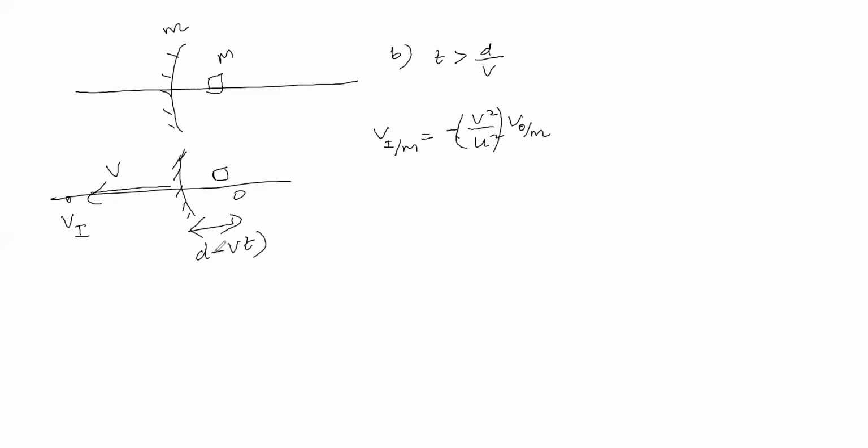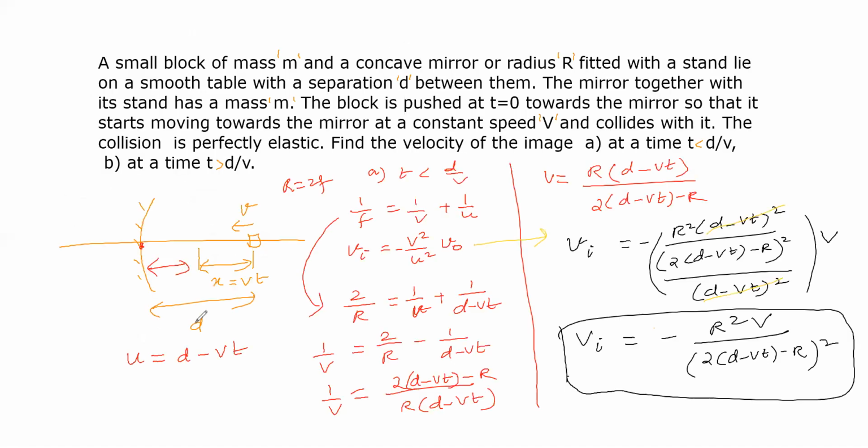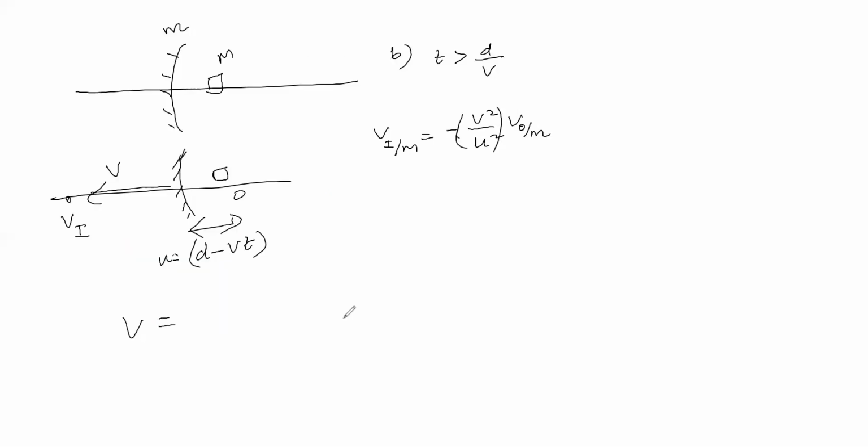By substituting this value, in the previous case we got v equal to r into d minus vt divided by 2 into d minus vt minus r. That value we have to substitute. This is the v value.